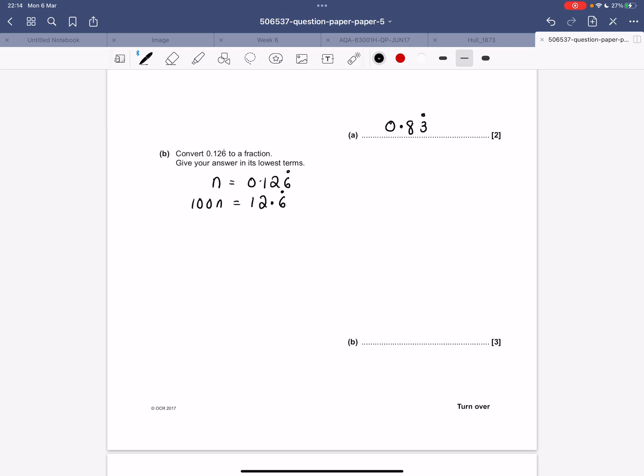So this is 12, and 0.6 recurring is 2/3. So 100 times our number is 38/3. Divide both sides by 100, so our number is 38 divided by 300, and that will cancel down to 19 out of 150.